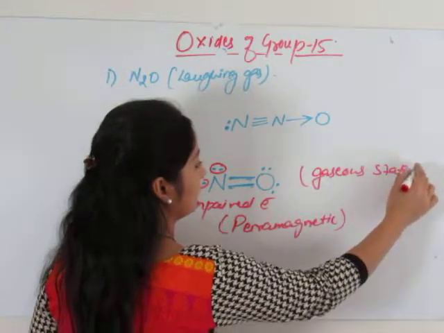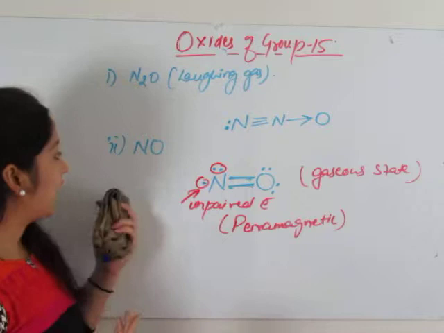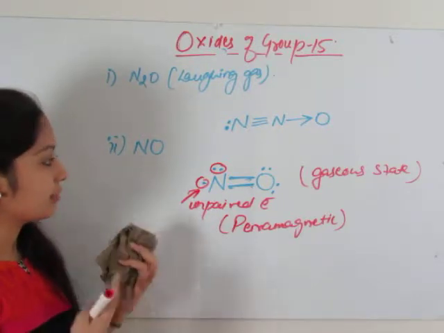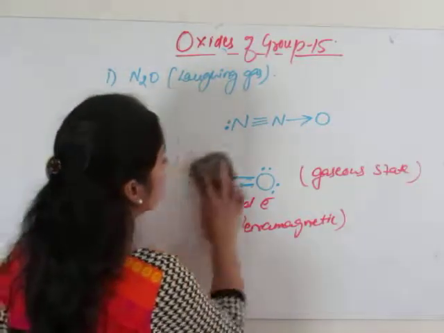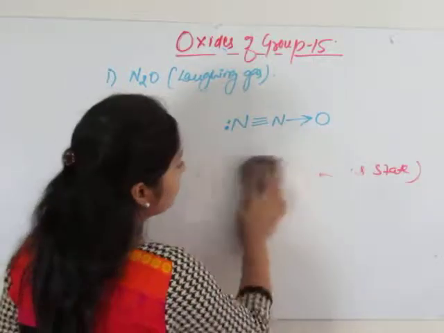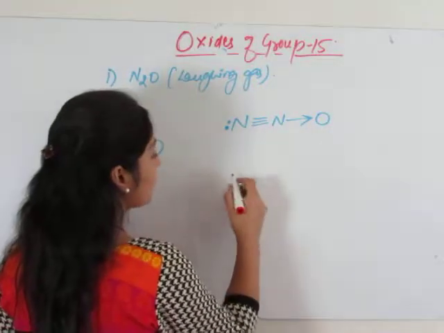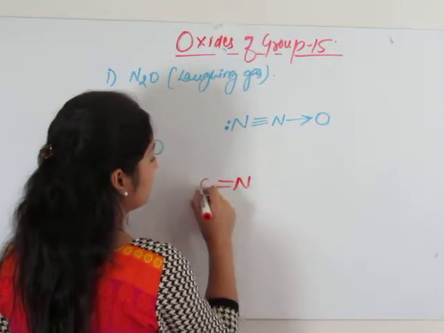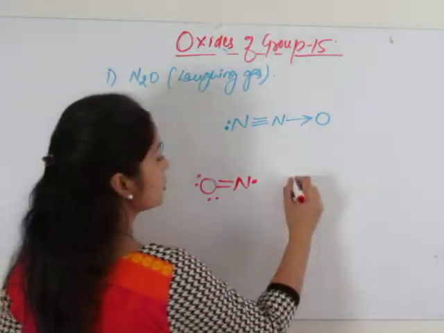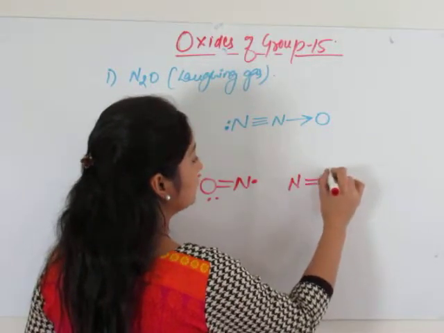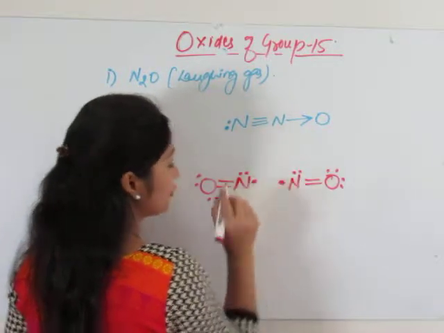Gaseous state में. However, अगर आप draw करें nitric oxide का diagram or structure for the liquid or solid state, you will find out that its structure will be diamagnetic. देखें कैसे? इसके पास एक अनपेयर्ड इलेक्ट्रॉन था, दूसरा मॉलिक्यूल हमने ड्रॉ किया, यहाँ इसके पास लोन पेयर अपने प्रेजेंट है ही, और ये अनपेयर्ड इलेक्ट्रॉन था.